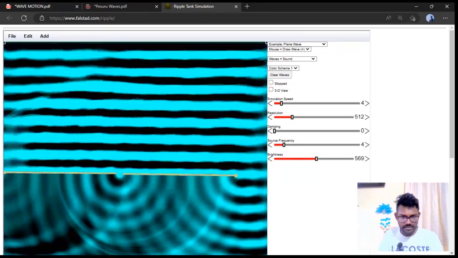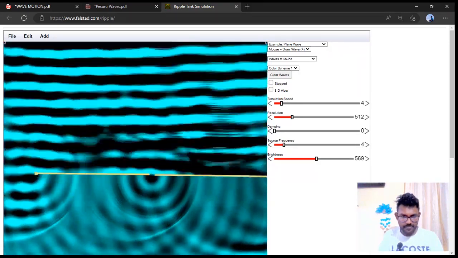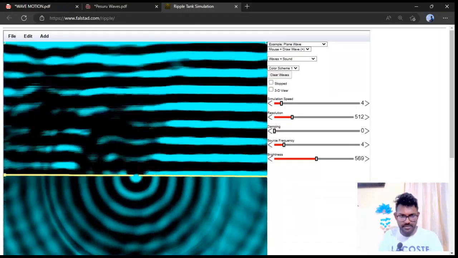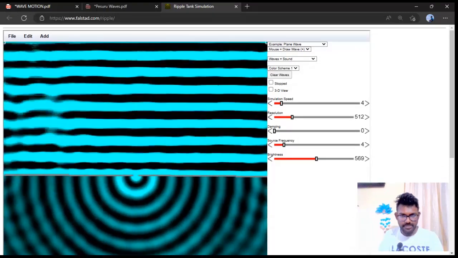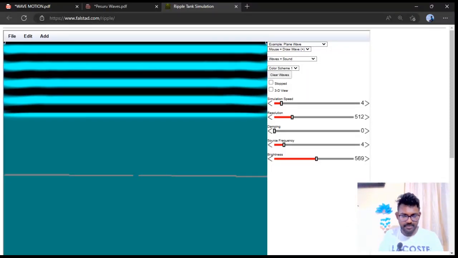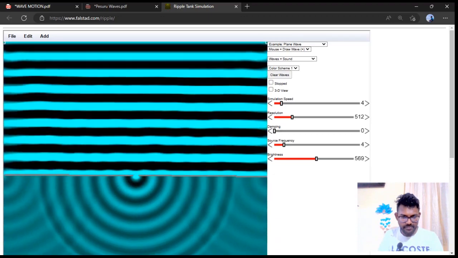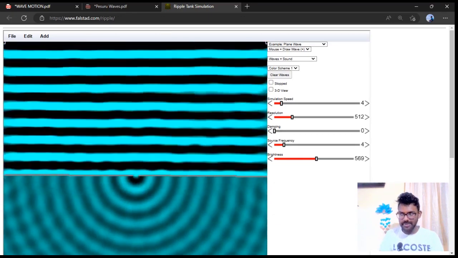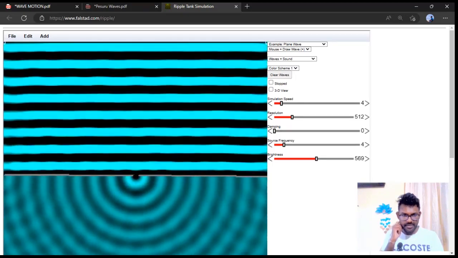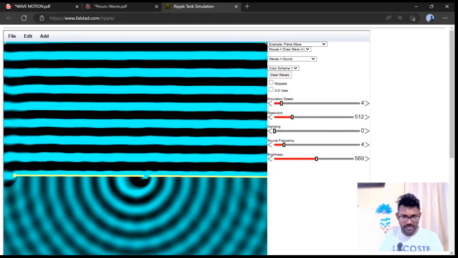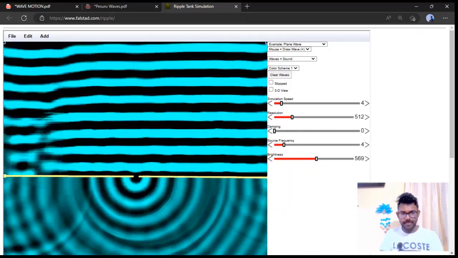Let me open this up a little bit. Like this, right? Let me clear the waves and see it again. I can see here these are planar wavefronts. The plane or linear wavefronts now turn into circular wavefronts. You can see here.